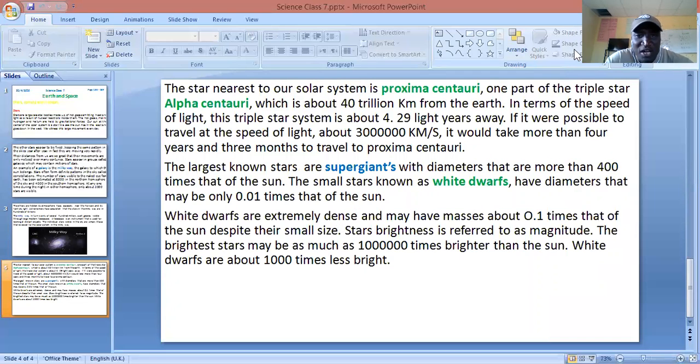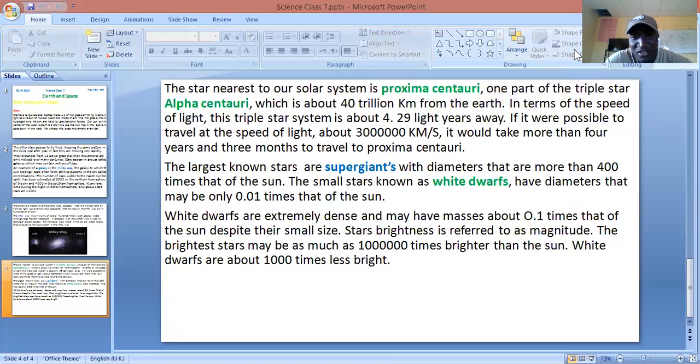The star nearest to our solar system is called Proxima Centauri. One part of it is Alpha Centauri, which is about 40 trillion kilometers from the Earth. In terms of light, this triple star system is about 4.3 light years away.